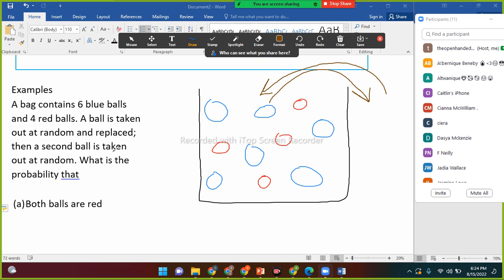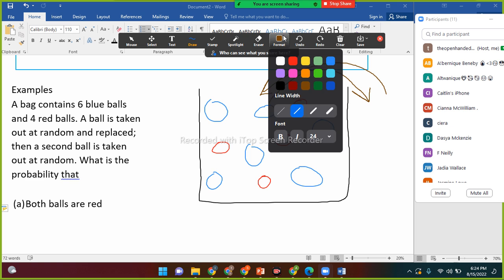So we could take out one ball, put it back, and then take out another ball. So we could take out a blue ball, then put it back, and then take out a red one. And that's one experiment. So the experiment itself is taking a ball out of the basket and then putting it back, and then taking out another one.